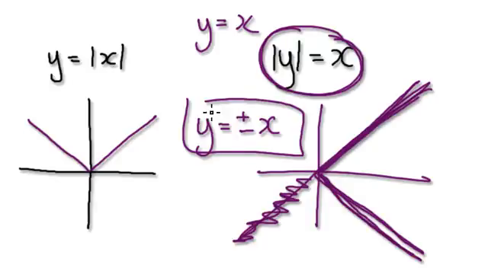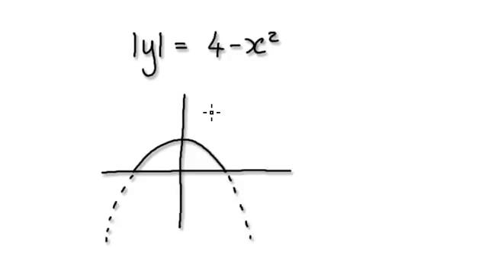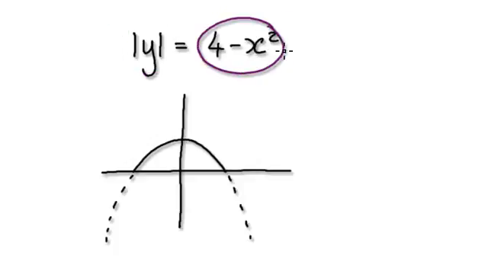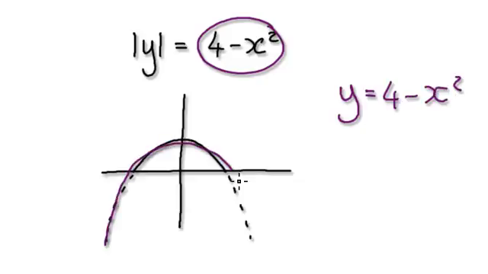Okay. So if you look at this, for you to try and understand this, you would sketch this graph as normal. You would sketch y equals 4 minus x squared as normal. So it would look something like this.